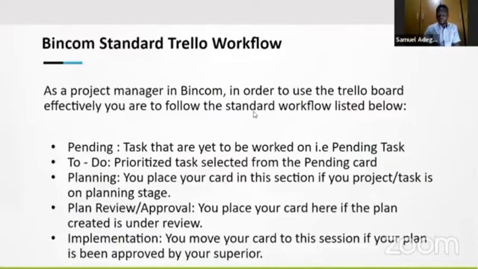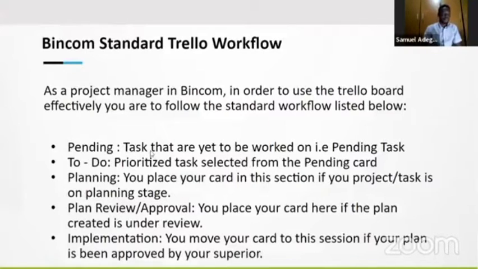Follow the standard workflow, that is, the stages at which we outline your project, from the pending stage to the to-do stage, planning stage, plan review and approval, implementation stage, and so on.